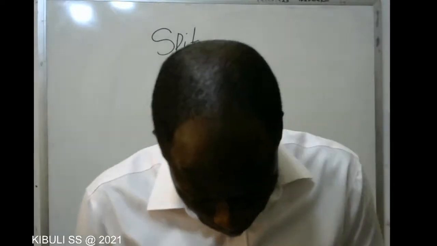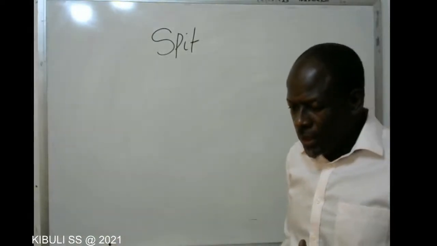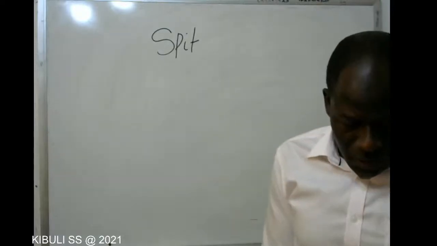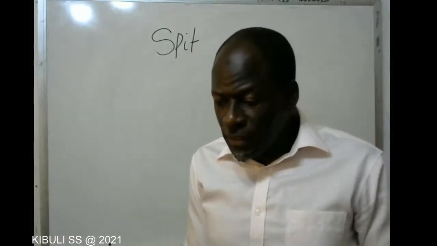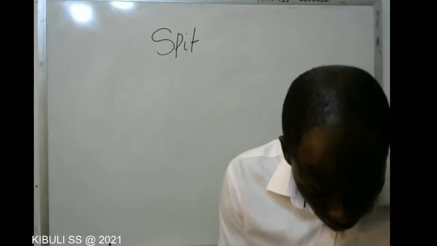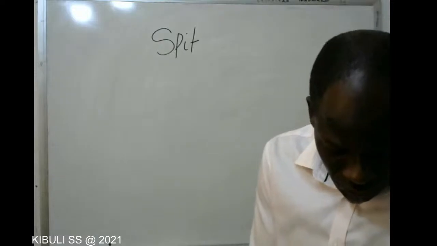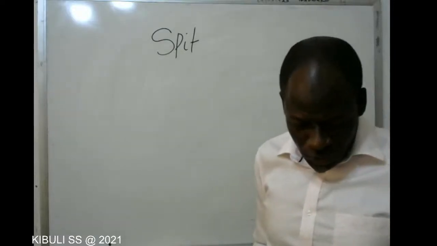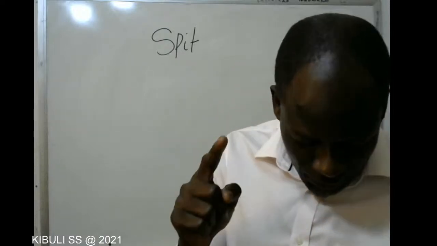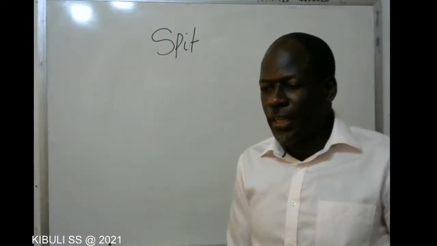Now a spit is a ridge of wave materials or wave deposits, a narrow, long ridge of sand which is attached to the coast and extends into the sea or the lake.